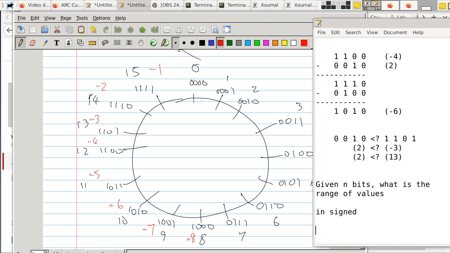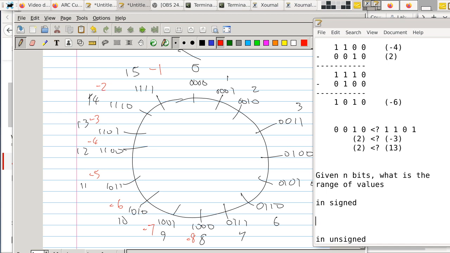If you look at the number wheel to your left-hand side as an example, how would you generalize? If I just give you n bits, the example that I gave you has exactly 4 bits, so n equals 4, but I want you to give me the range of values. What is the least value you can represent in signed interpretation?